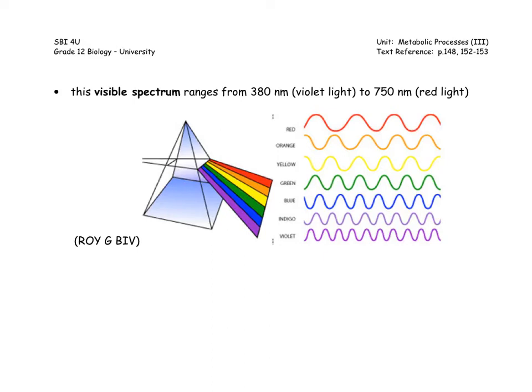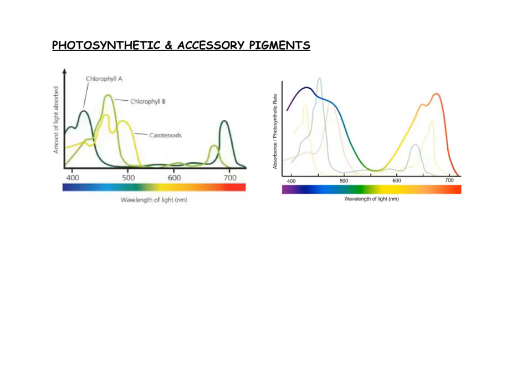And so that's going to have an impact on photosynthesis because, of course, there may be some wavelengths within the visible spectrum that the plant is able to utilize, that our photosystems are going to be able to utilize more efficiently than others. So this brings me to the next part of our conversation, where we're going to look at which photosynthetic pigments are going to function best at which particular wavelengths of light.